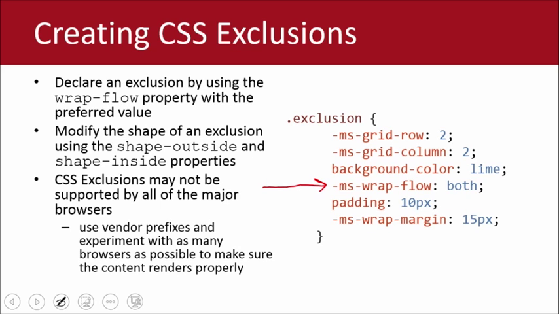I didn't choose to do that in this particular example code, but it's important to note that an exclusion may not be supported by all browsers, so I'm still using my vendor prefixes. So I still use the Microsoft vendor prefix. Keep that in mind. You always want to do everything that we can to make sure that our web pages and our apps render properly in browsers.